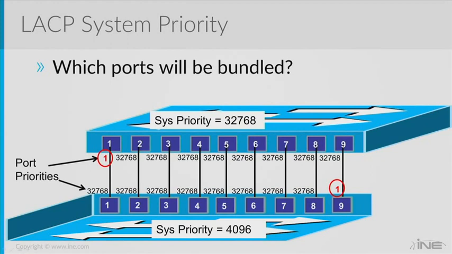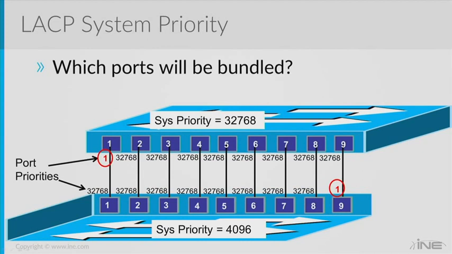The switch on the top believes that port number 1 has a port priority of 1. Now remember, the lower the number, the higher the priority. So a priority of 1 is like super, super important, super critical. So this is saying, okay, of my 9 ports, definitely switch number 1 on top, the top switch, believes that his port number 1 should be part of that ether channel.